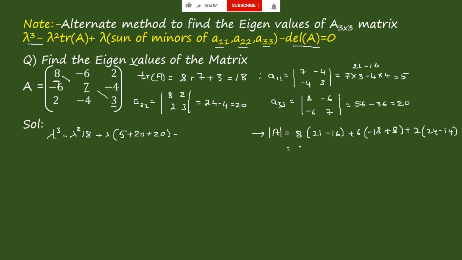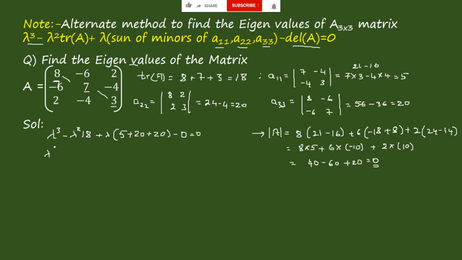So it becomes 8 into 5 plus 6 into minus 10 plus 2 into 10, right? So 8 5 is 40 minus 16 plus 20, which is equal to 0. So we got the value as 0, right?